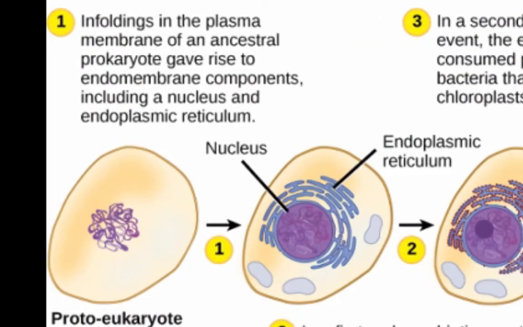What we found to be advantageous is that if we surround our genetic information with a protective layer, its own little membrane, this is going to give rise to the formation of the nucleus. And then some of the extra foldings, this tube-like cavernous structure that's left over, became the endoplasmic reticulum, or the ER. So your nucleus and your endoplasmic reticulum formed first. So now we have a nucleated cell.